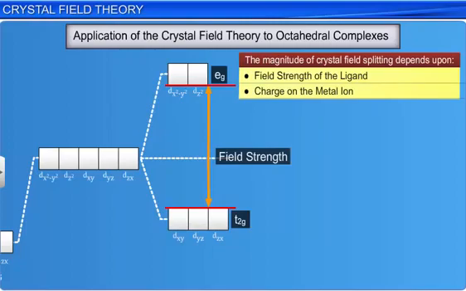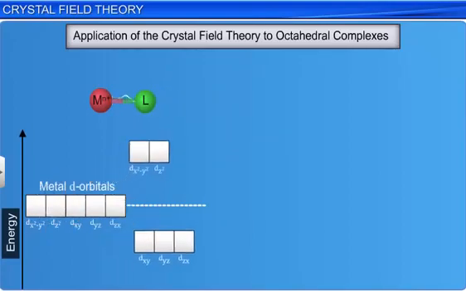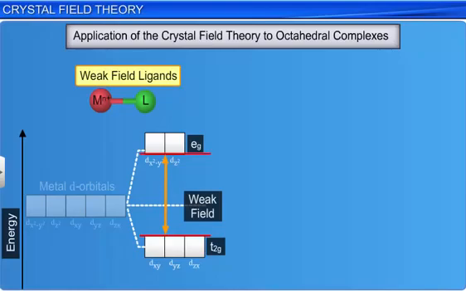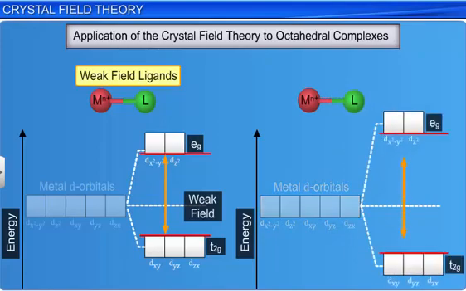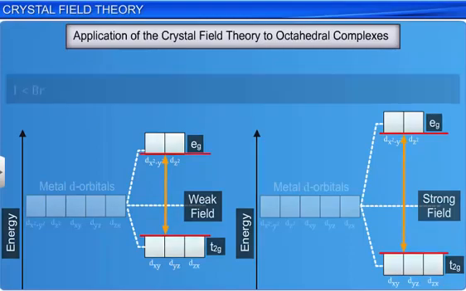Ligands that cause only a small degree of crystal field splitting are termed weak field ligands, while ligands that cause a large splitting are called strong field ligands. In general, the common ligands can be arranged in ascending order of field strength as shown here.